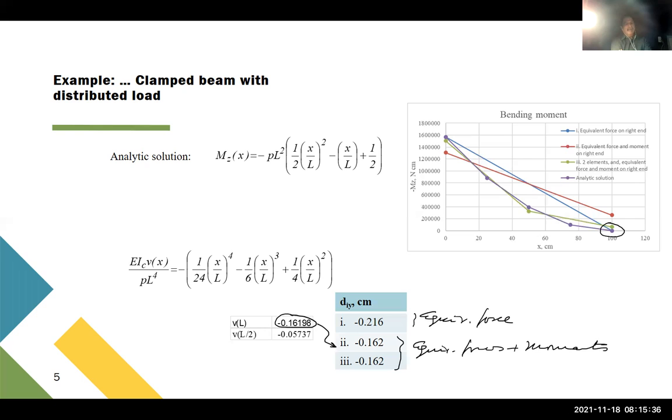In general, if we apply this process of equivalent forces and moments, we can expect the displacements to be very close to the analytical values, because the equivalent forces and moment are statically equivalent to the exact distributed forces. But since we care only about displacements, inside the elements, we can expect some differences in internal forces, okay? That's why we should worry always about convergence.